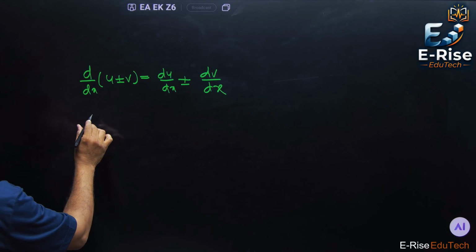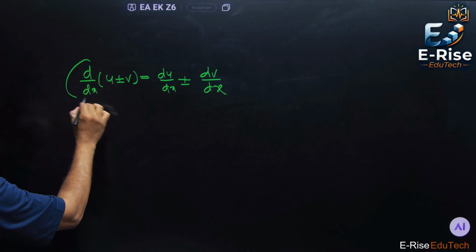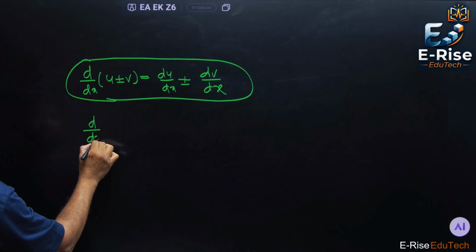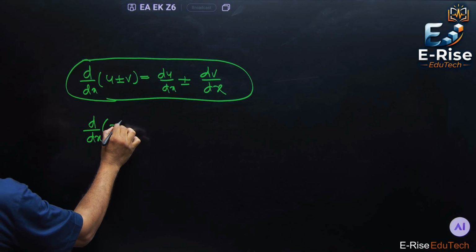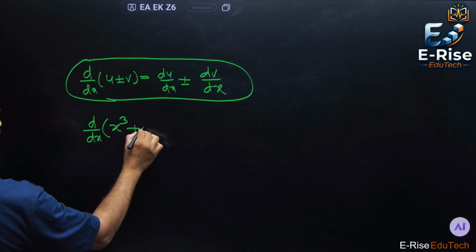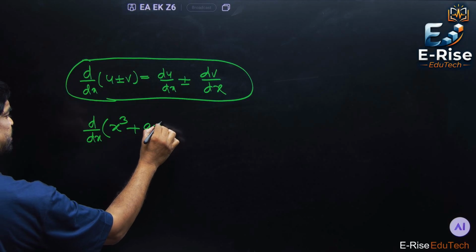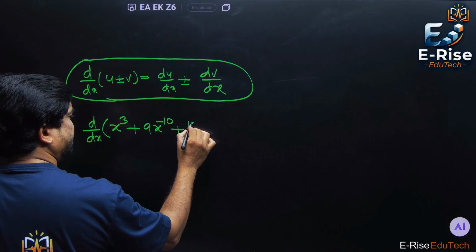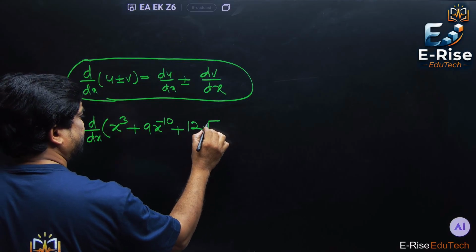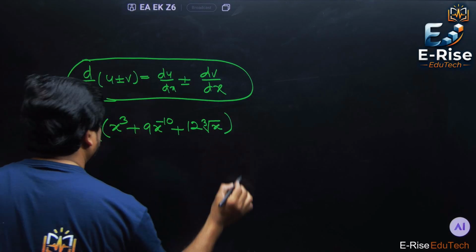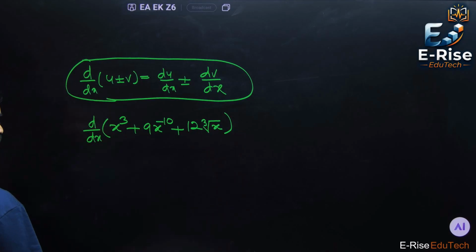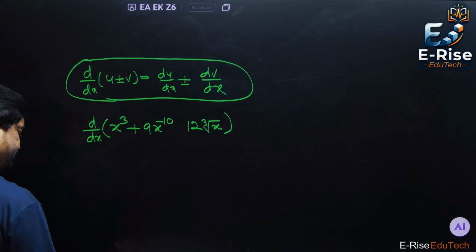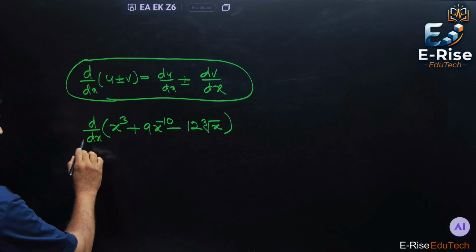So for example, for this question, this formula, the example is how to use this one. d by dx of x power 3 plus 9 x to the power minus 10 plus 12 cube root x. Or in the middle of one, take the negative. Like that you can apply.